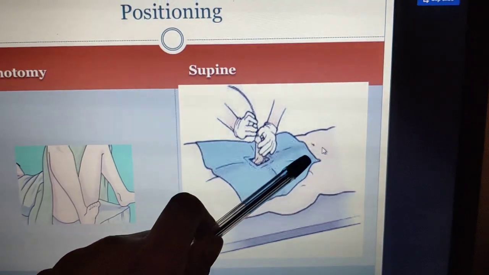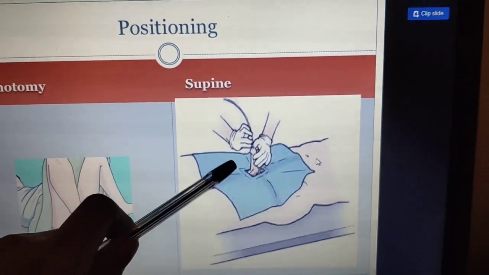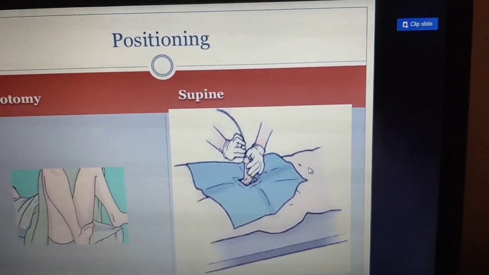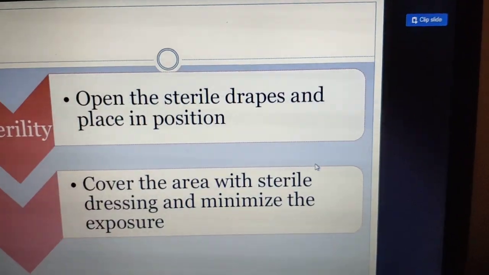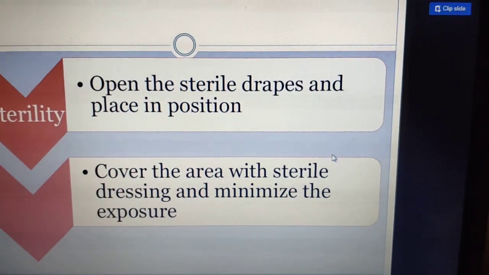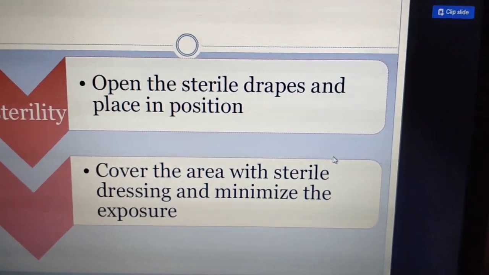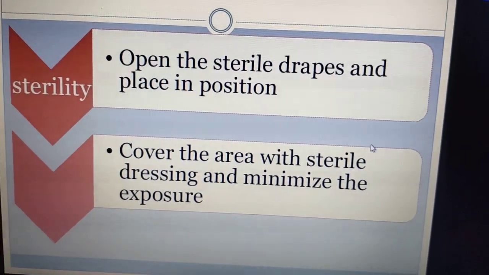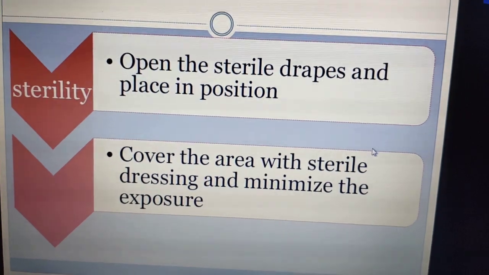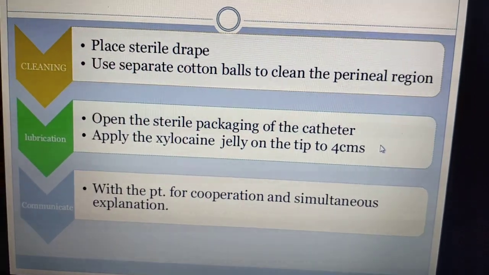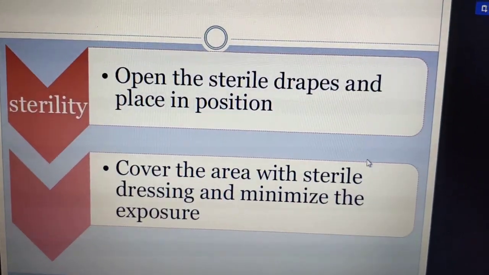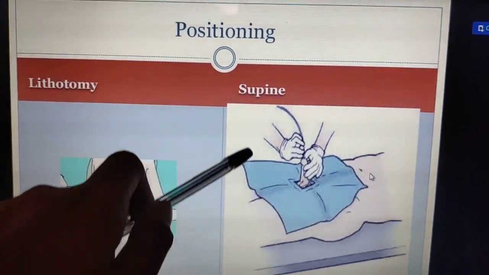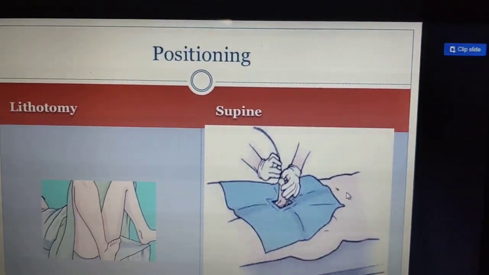We have to open the sterile drape, then place it in the proper position. After that, cover the area with a sterile dressing and minimize the exposure. Whatever part you need, that much only to expose. Then we have to cover all the other area. Then place the sterile drape like this one.